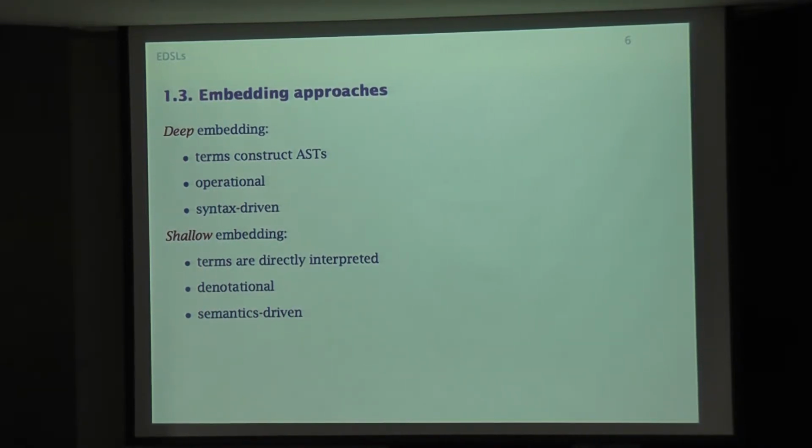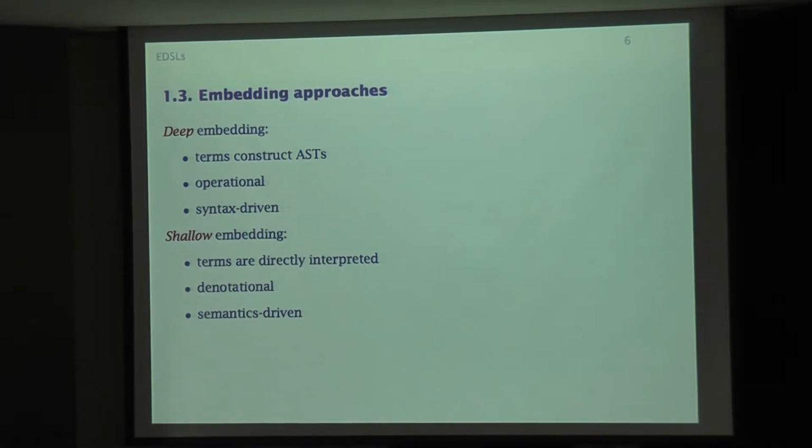But in a nutshell, when you define an embedded domain-specific language using a deep embedding, you write programs in that language, and what the program does is very little. It just says, here I am, here's an abstract syntax tree, AST.